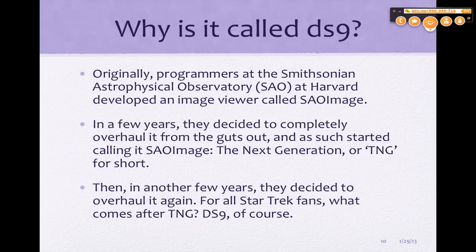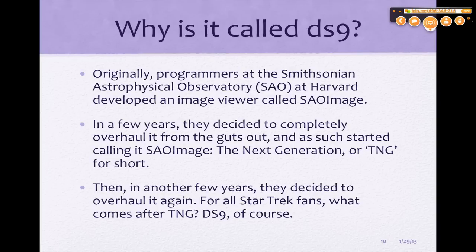And I've already alluded to this. Why is it called ds9? So originally, our programmers at the Smithsonian Astrophysical Observatory developed this tool, this image viewer, and they called it SAOimage because they were at SAO and it was designed to deal with images. So in a few years, technology had changed enough, software had changed enough that they decided to completely rewrite it from the beginning, in a different language, and so they started calling it SAOimage the Next Generation, or TNG.